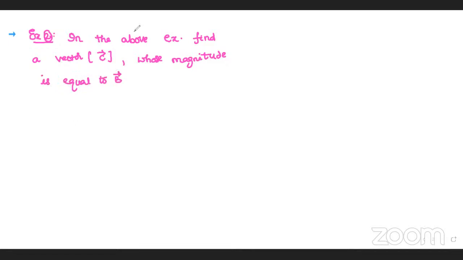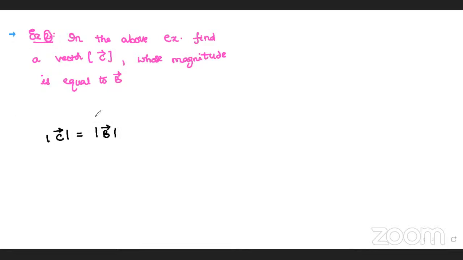First you try to identify what information is given there. The magnitude of a vector is mod c bar. This is the magnitude of the third vector c bar that we have to find out. He said whose magnitude is equal to b bar, meaning its magnitude is equal to the magnitude of b bar, that is mod b bar.